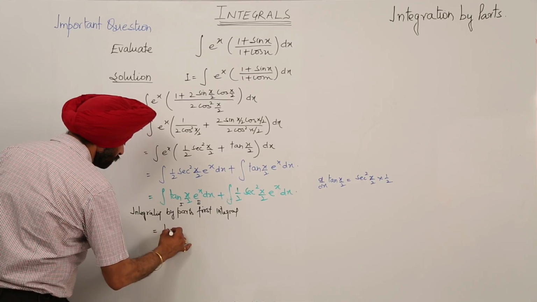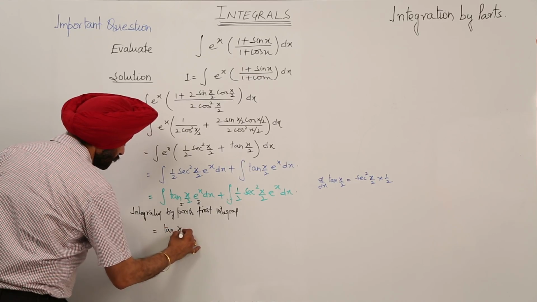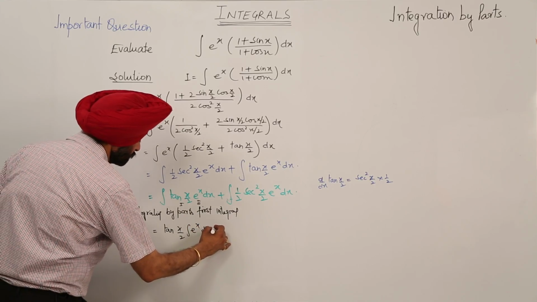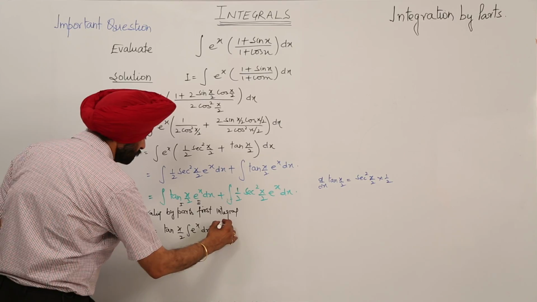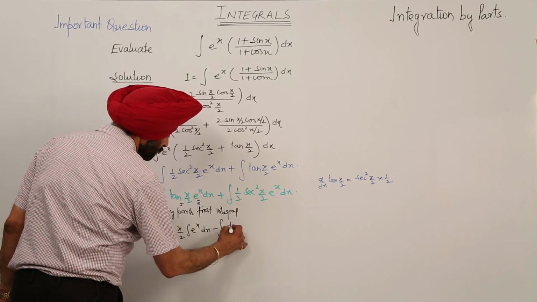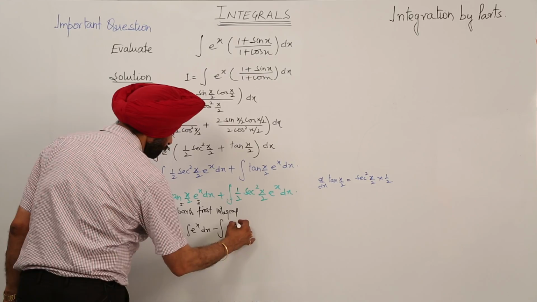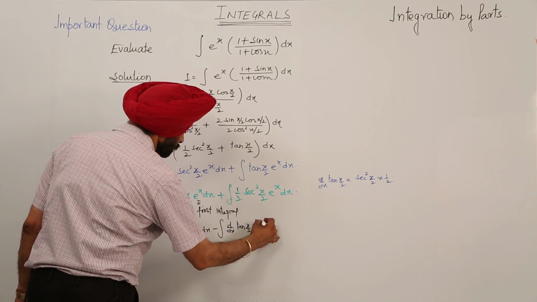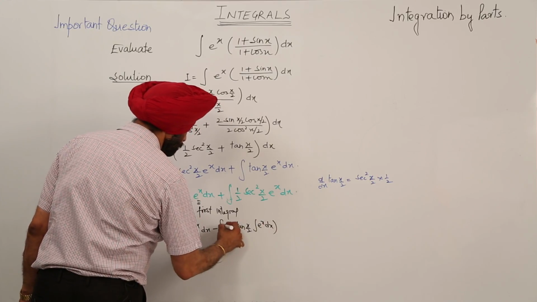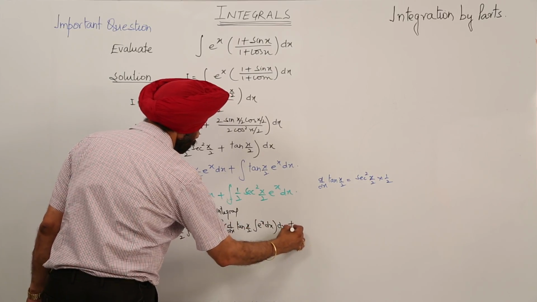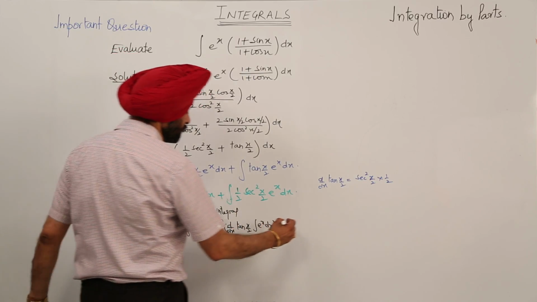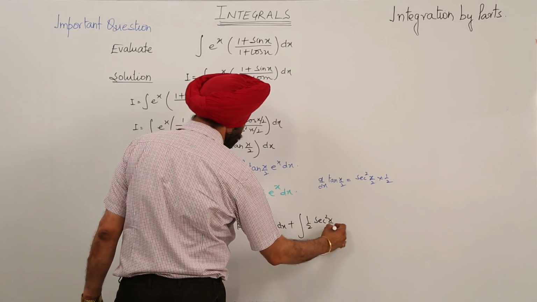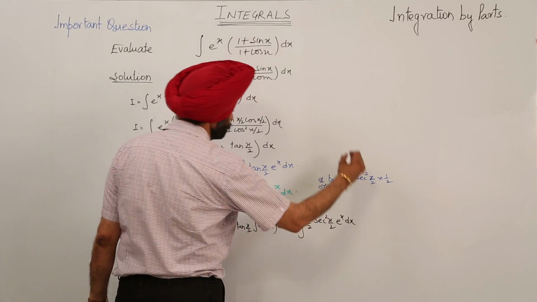So tan x by 2 integration e raised to power x dx minus d by dx of tan x by 2 integration of e raised to power x dx plus this term half secant square x by 2 e raised to power x dx.